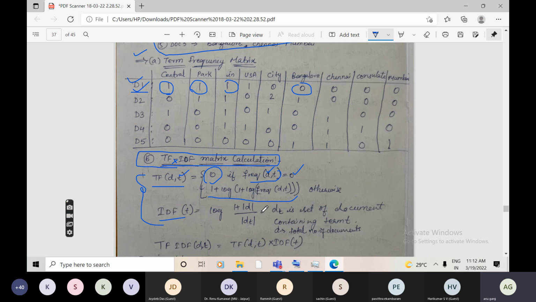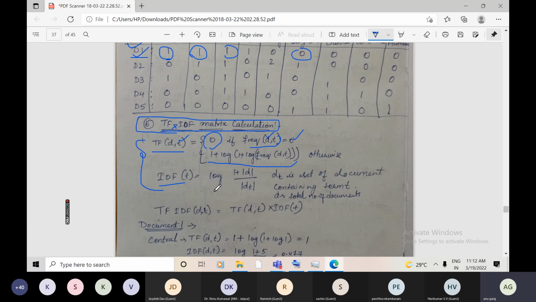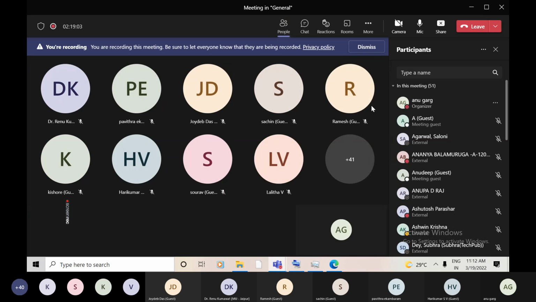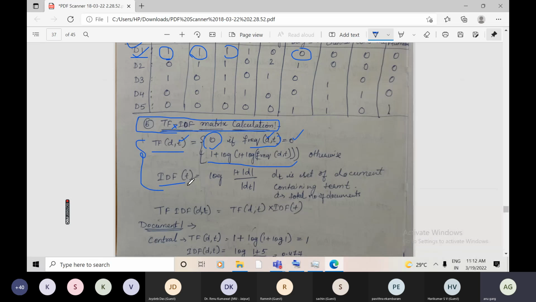And IDF is nothing but log of 1 plus mod D by dt, where dt is the set of documents containing the term t, and D is the total number of documents.